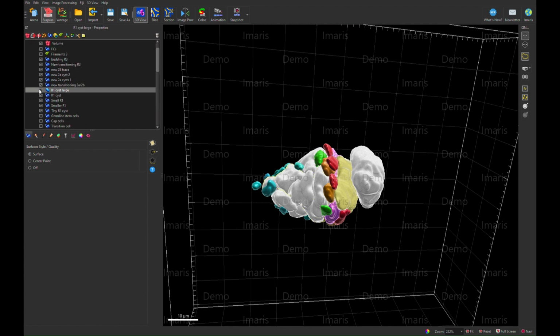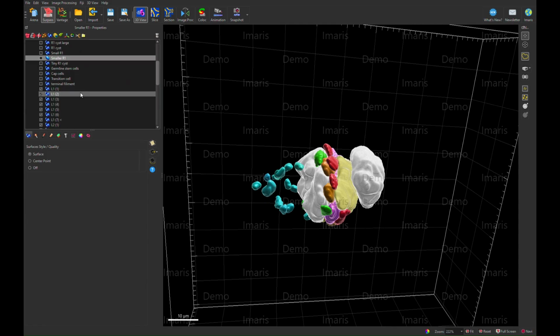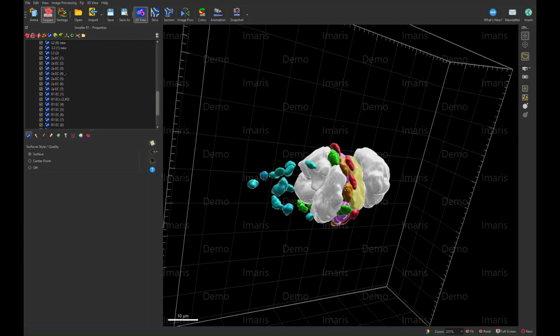Okay. Turn off some of these cysts one more time, and we can take a closer look at how the stem cells are arranged within the germarium. Okay, so I've already said once or twice that we have 3 layers of follicle stem cells. Layer 1 being red, layer 2 being orange, layer 3 being yellow.